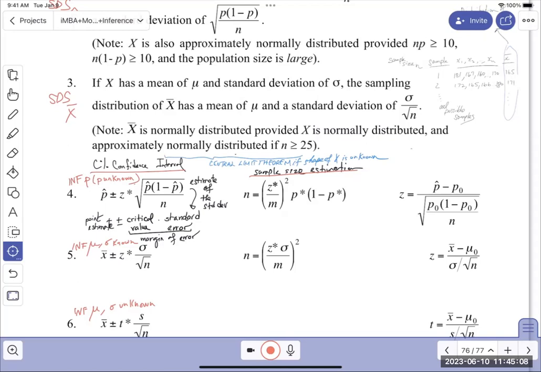So the denominator is the inference on P unknown. The denominator is close, not the inference, but what is this? We did this calculation somewhere. Where did we do this calculation? Well, we did it over here, right?